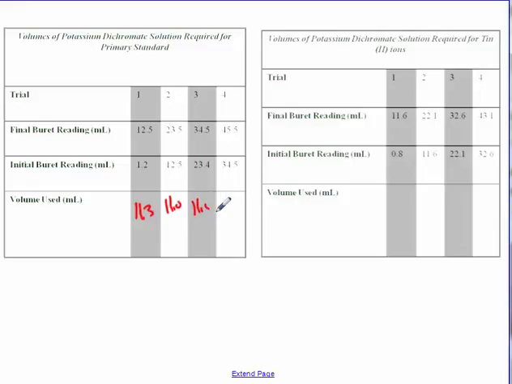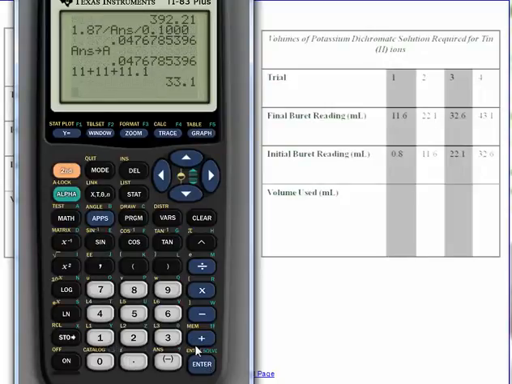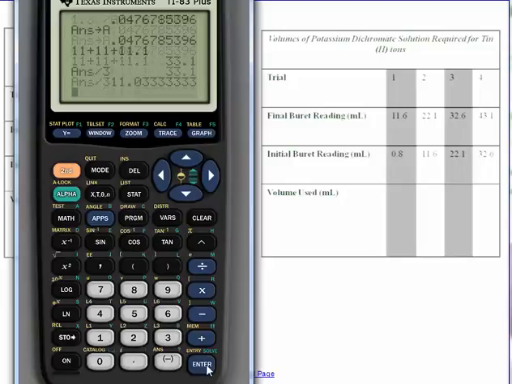That'll be 11.1 and 11.0. So I can average those 3. So what's that going to be? 11.03 repeated, I think. Let's double check. 11 plus 11 plus 11.1. Yeah, 11.03 repeating.